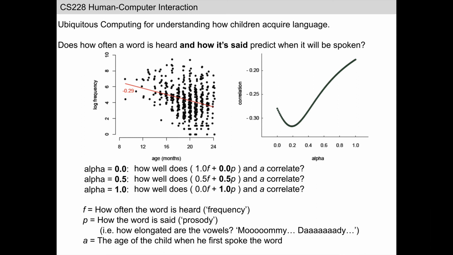How does an alpha of 0.2 translate back into the amount of F and P, and how that amount of F and P predicts how early a word is spoken? What is this set of points down here telling us about our hypothesis? It's telling us something pretty specific, actually.